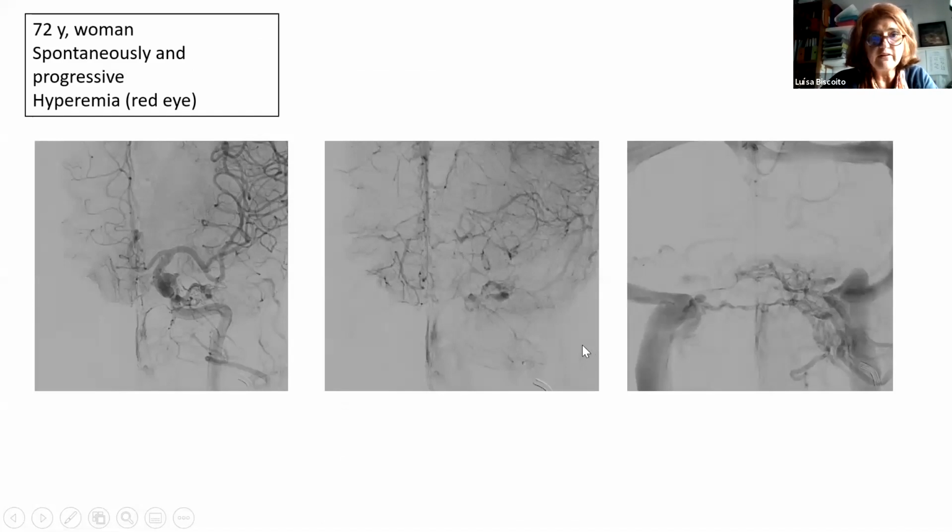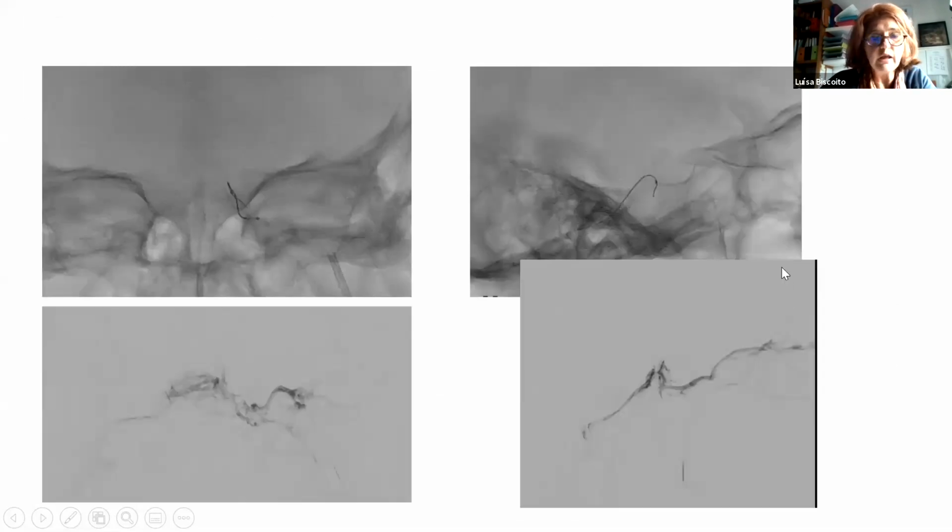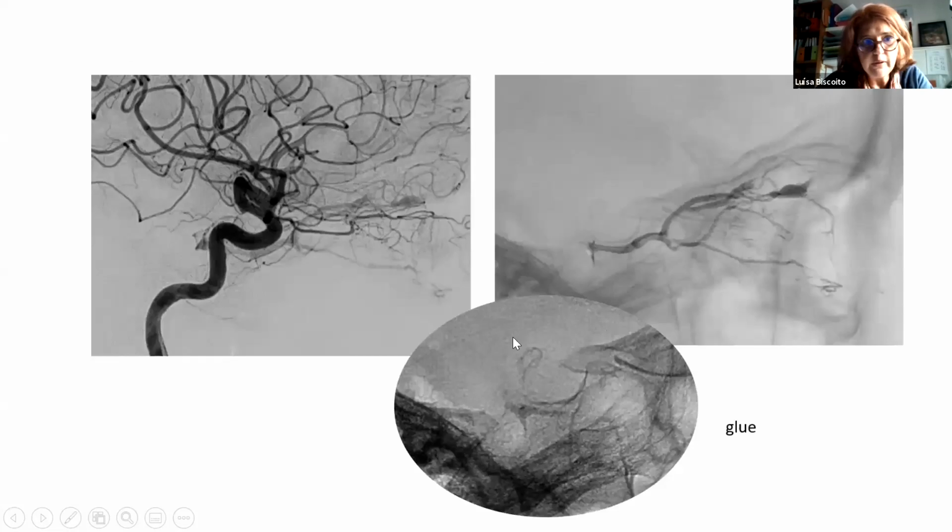In another case, another woman with spontaneous and progressive hyperemia had a low-flow fistula that was partially already thrombosed. We went by the IPS, and we saw that the whole cavernous sinus was partially thrombosed, and we reached the foot of the vein, which actually was the foot of the ophthalmic vein, and we could put some glue, because we see the point of the fistula was here.